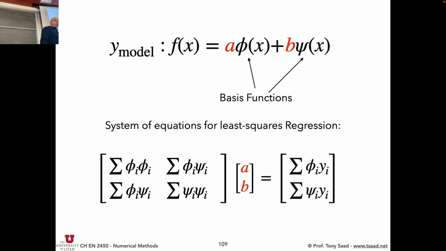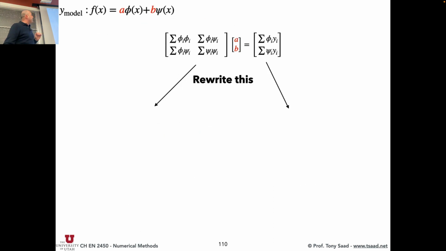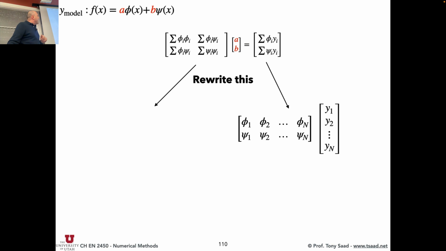And then I told you, I want to rewrite this in an interesting way. On the right-hand side, you can split this 2 by 1 vector into the product of a matrix and a column vector. And it turns out that this is what it is.